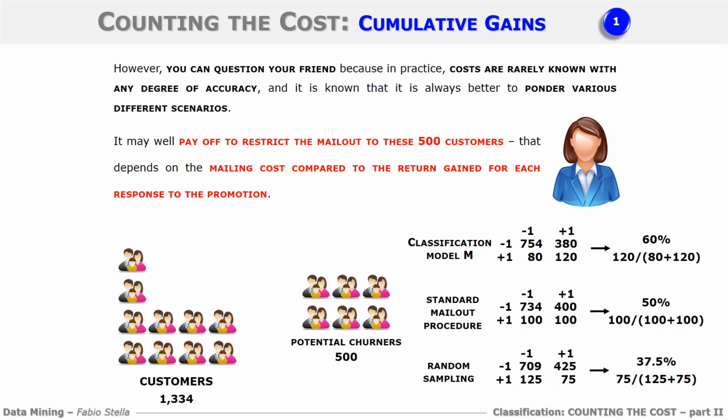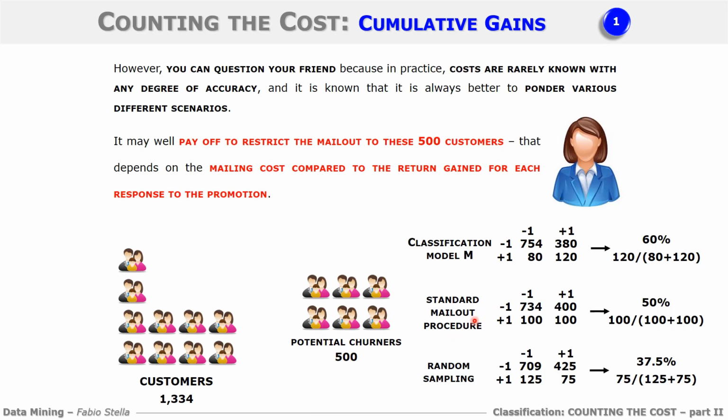Then we have the following. If the set of potential churners consisting of 500 individuals is selected from the set of customers of 1,334 customers by using a random sampling, you expect that 37.5% of the churners will be correctly identified and so included into the potential churner subset.